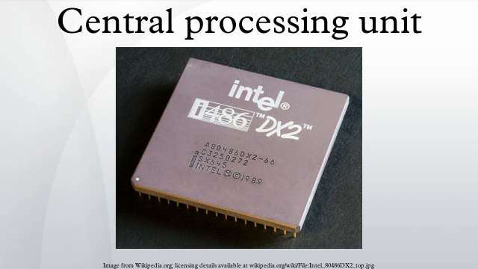The IC has allowed increasingly complex CPUs to be designed and manufactured to tolerances on the order of nanometers. Both the miniaturization and standardization of CPUs have increased the presence of digital devices in modern life far beyond the limited application of dedicated computing machines.